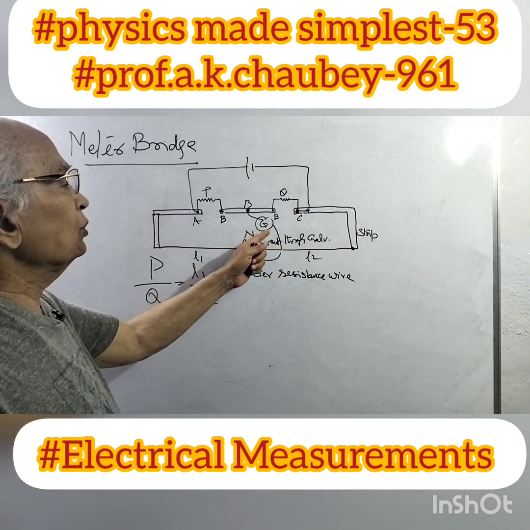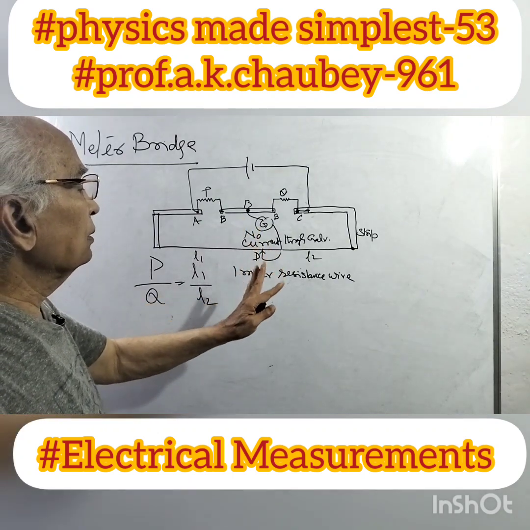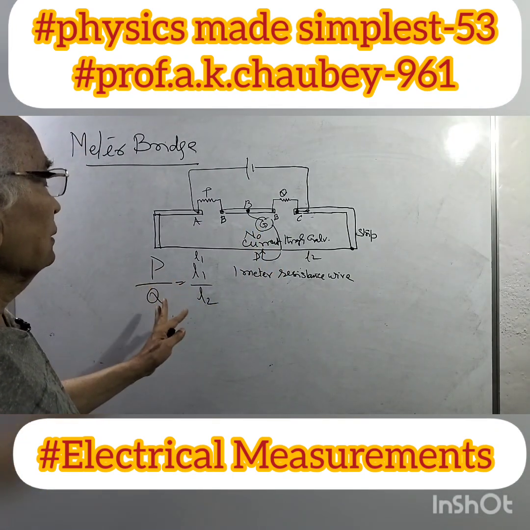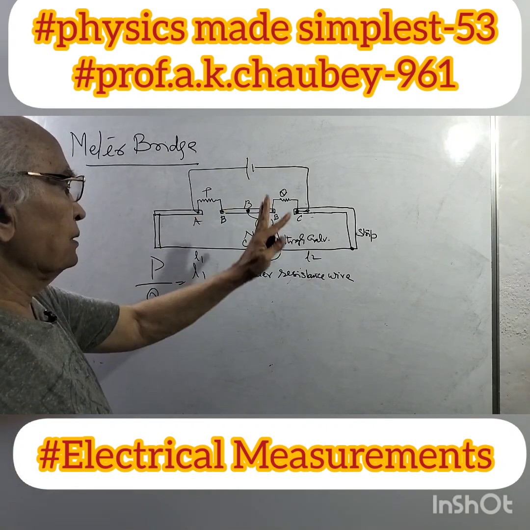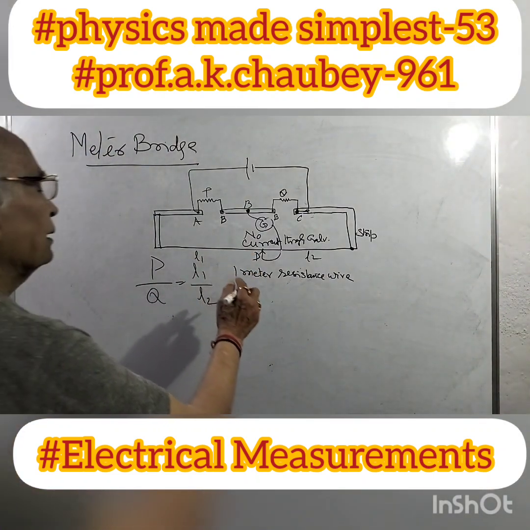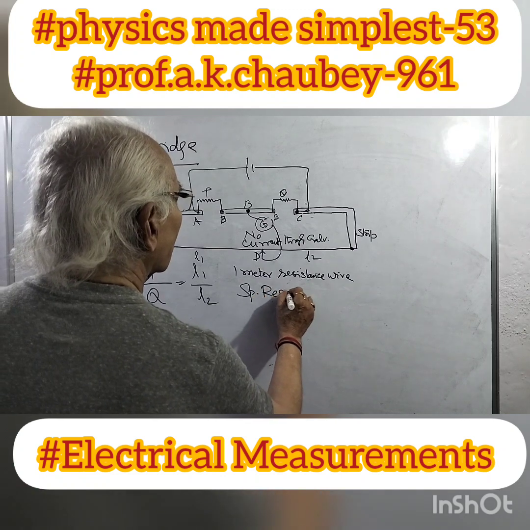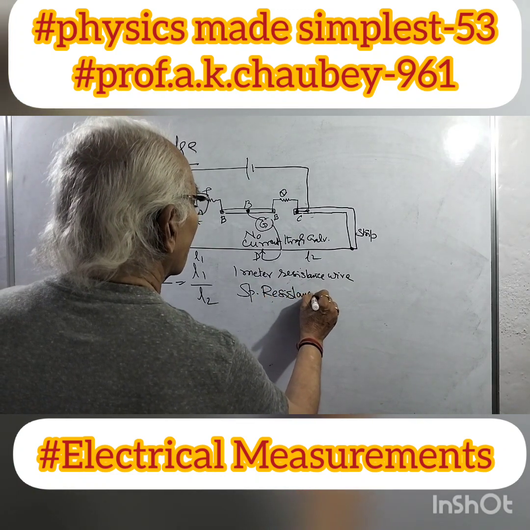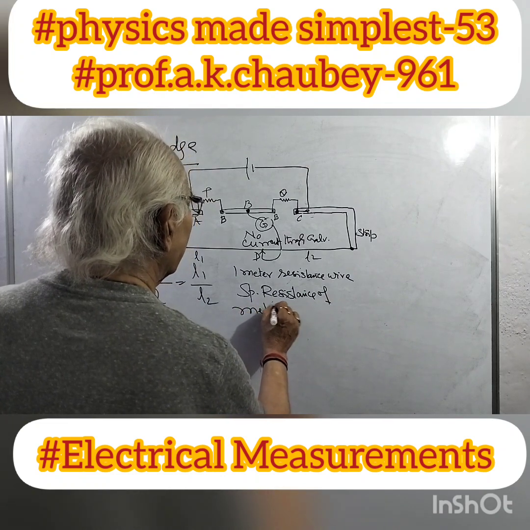This can be used to get P and Q, any resistance here, when L1 and L2 are known. Or we can get the specific resistance of the meter bridge wire. The object can be any.